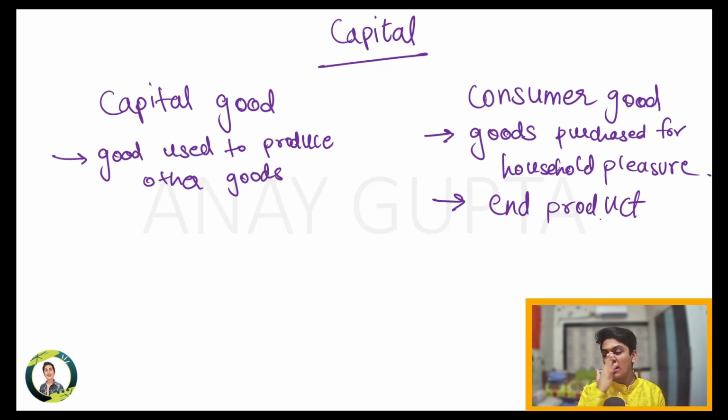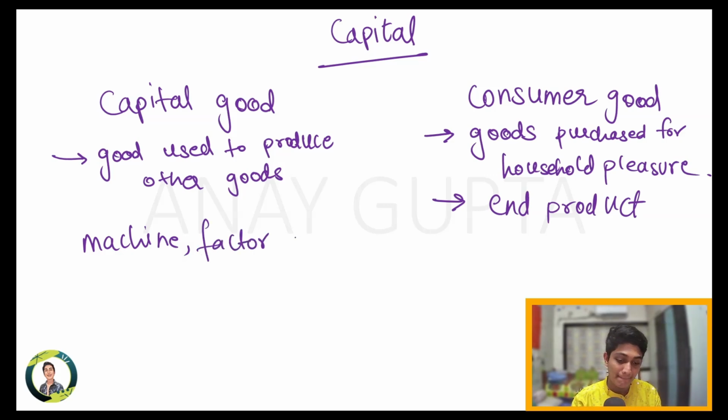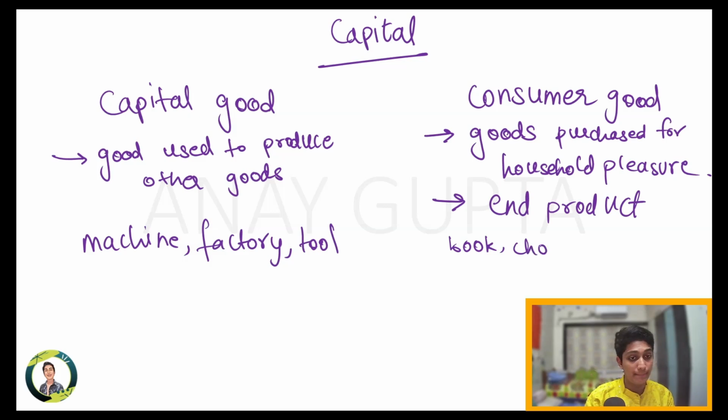A capital good example could be a machine, a factory, an office, a tool, anything like that. And a consumer good would be the end product. So everything from a book to a chocolate would be a consumer good.